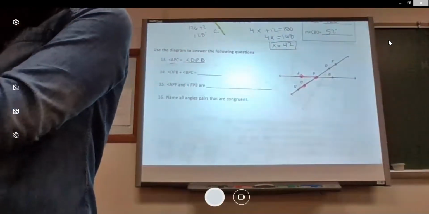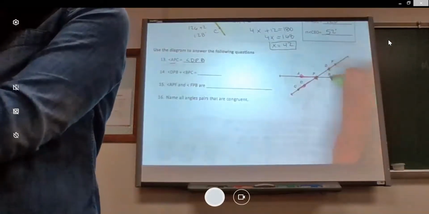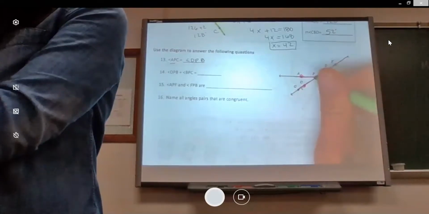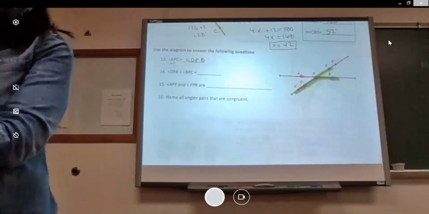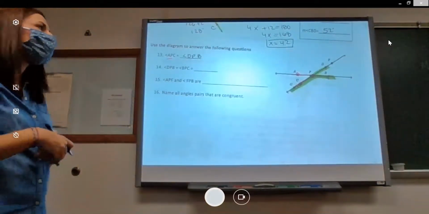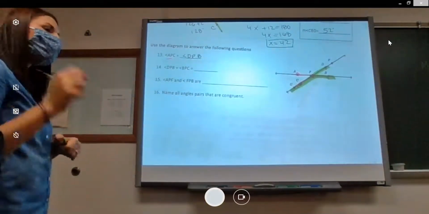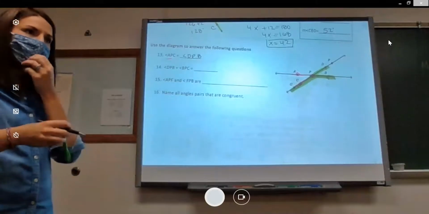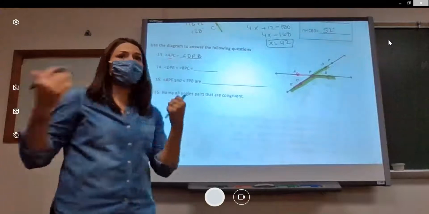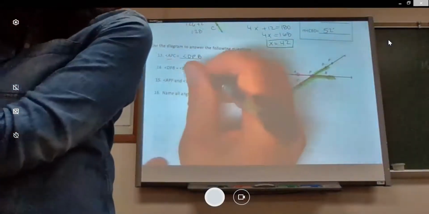Okay, then it says DPB, which is here, plus BPC, which is here, so the 2 angles I have highlighted in green, equal what? There's 2 answers I would accept on a test. One thing is you could say that those 2 angles equal 180, because they're a straight angle.